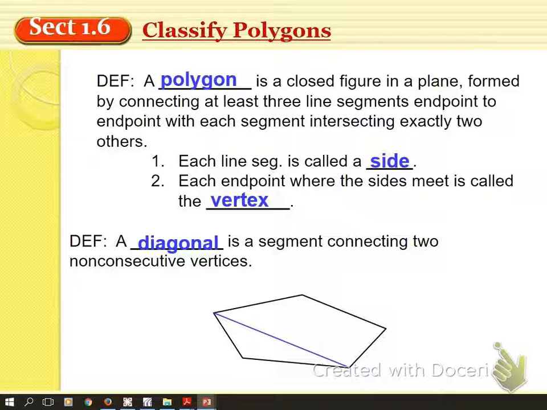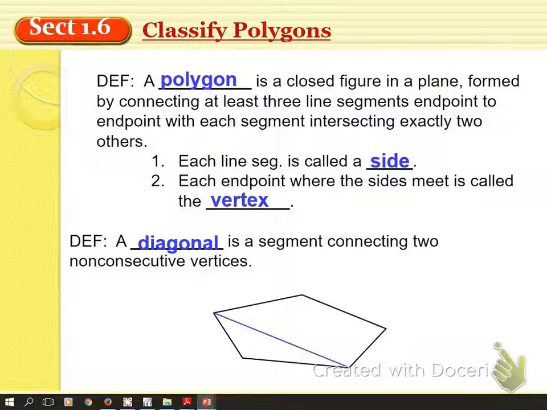A diagonal. The definition of a diagonal is a segment connecting 2 non-consecutive vertices. Okay? Consecutive vertices, consecutive sides and angles we'll talk about in just a second. But that's a diagonal, right?